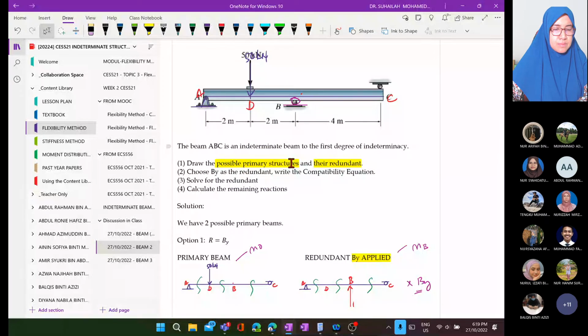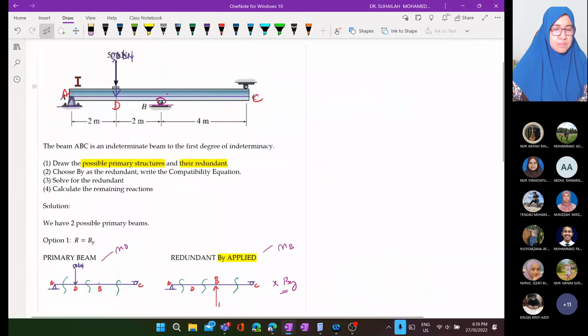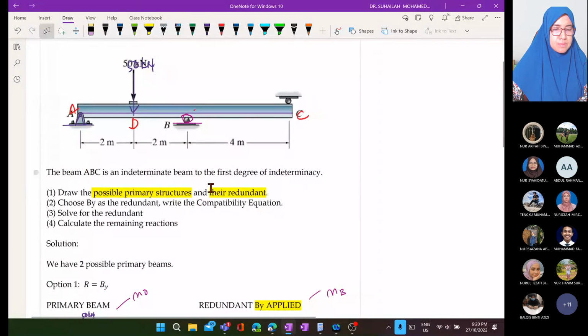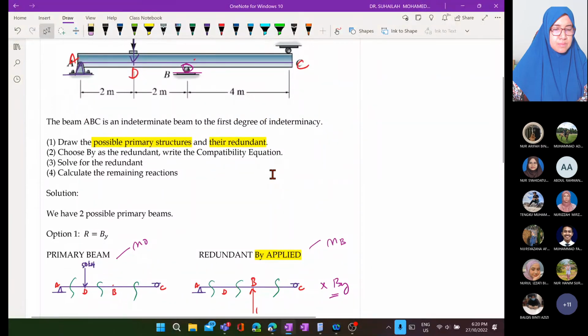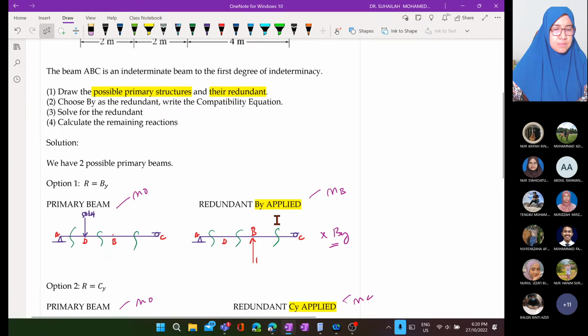I need to check your understanding because for me understanding is very important. Flexibility method, if you understand the aim, you understand the backward step that I mentioned, and inshallah I believe everyone can do. So what you need to highlight is the basic on how you write moment equation, write reaction, including member forces and thrust. That is very important. So if you have any question to ask, you can ask me directly.